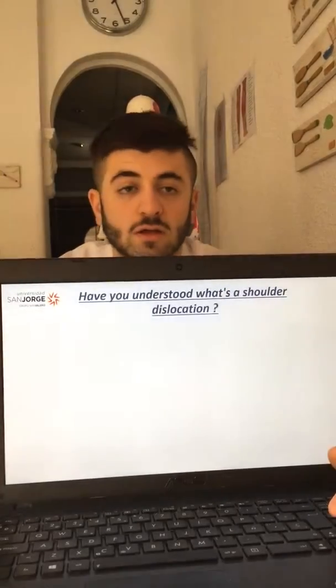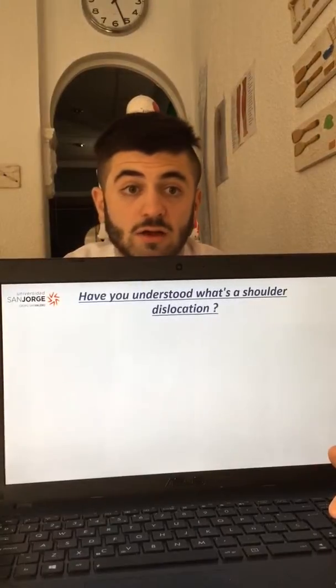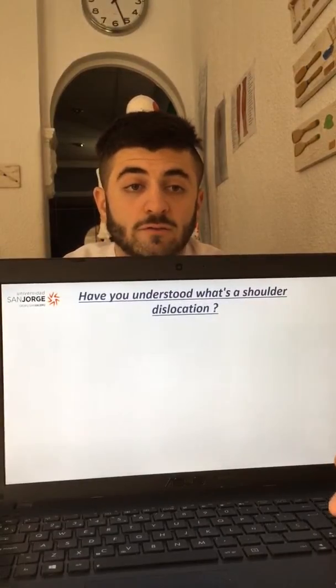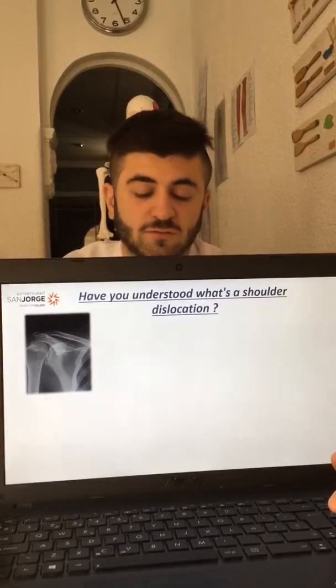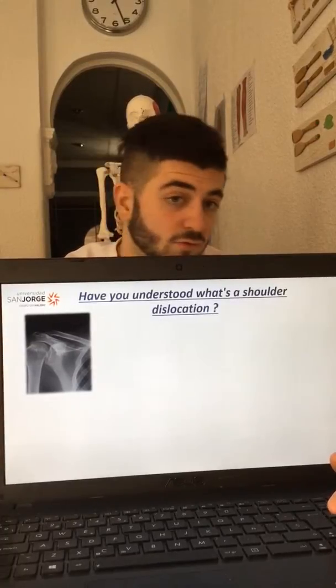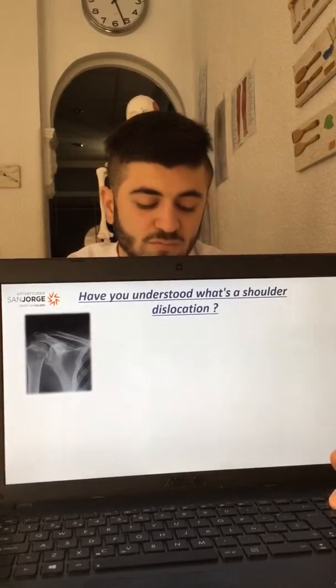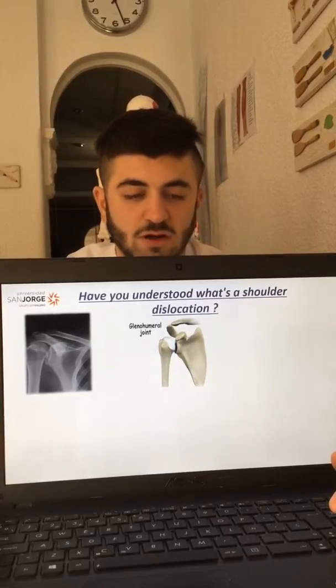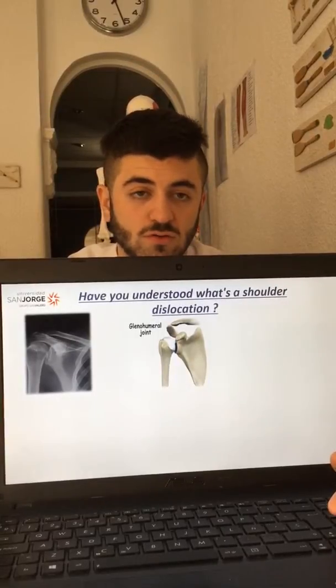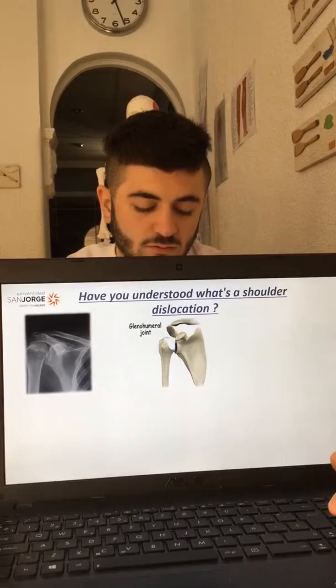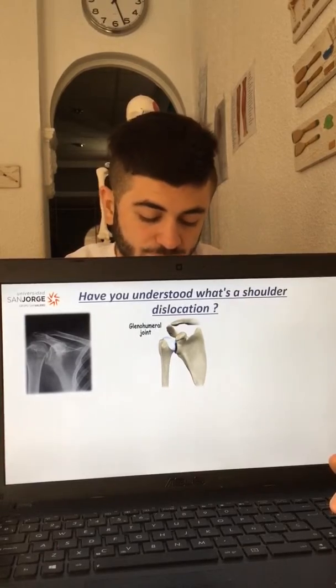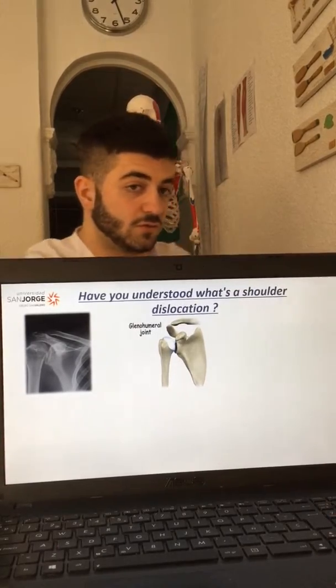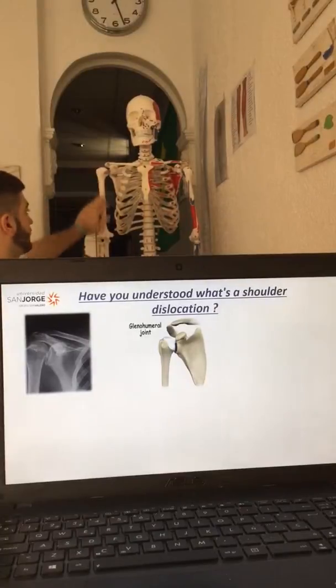Now, if you have understood, I will ask you some questions. First, what is the difference between subluxation and full dislocation? Second, which part of the glenohumeral joint goes out of the joint during a shoulder dislocation, the humerus or the scapula?